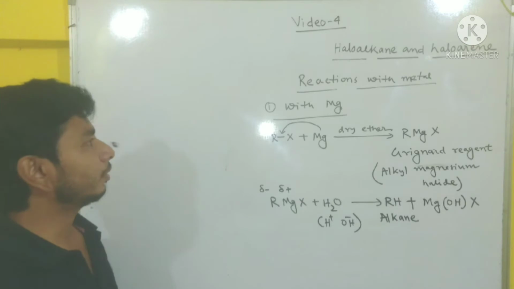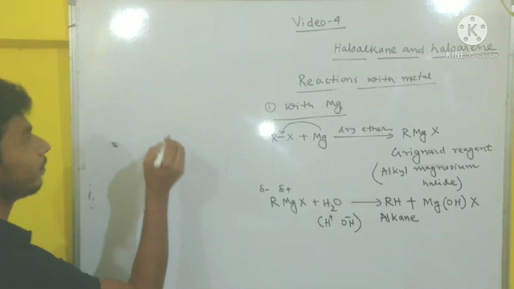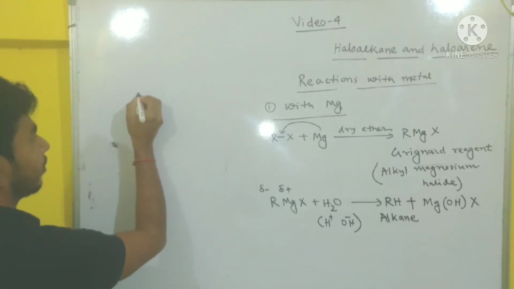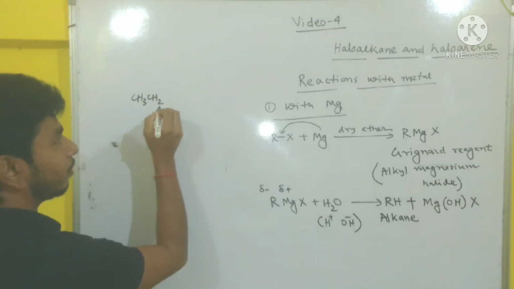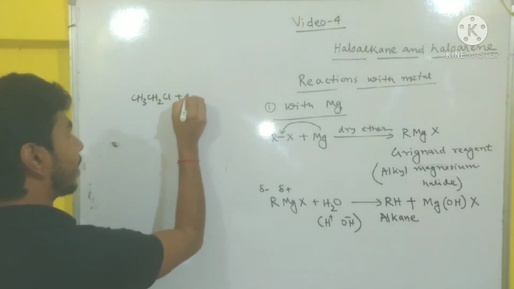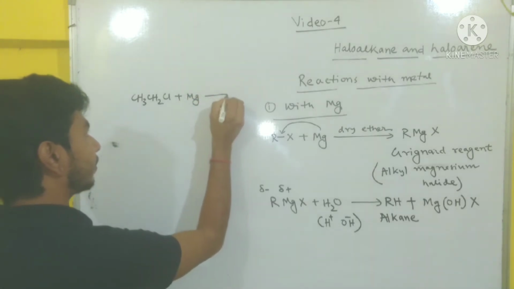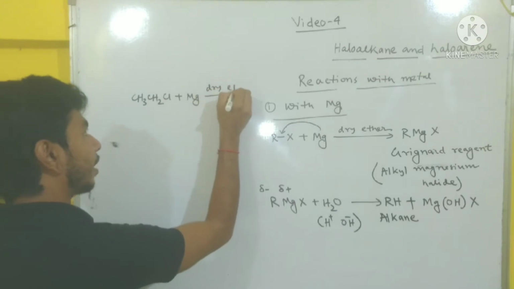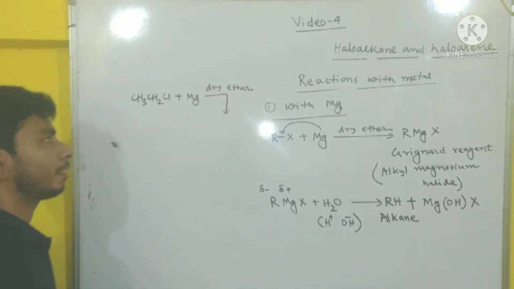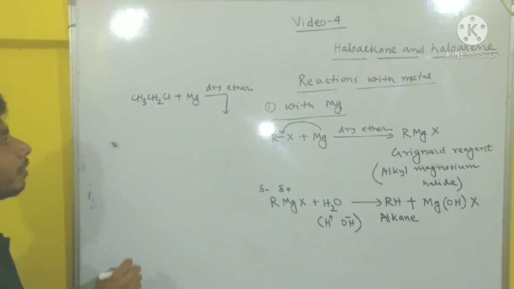Now for example, suppose CH3CH2Cl plus Mg in presence of dry ether. What will be the product?